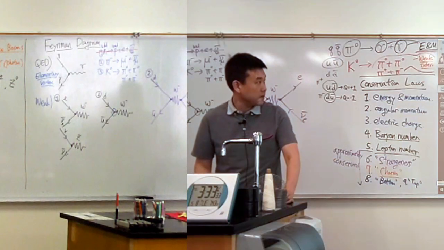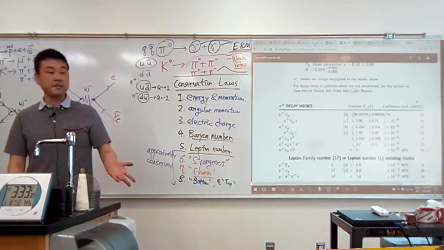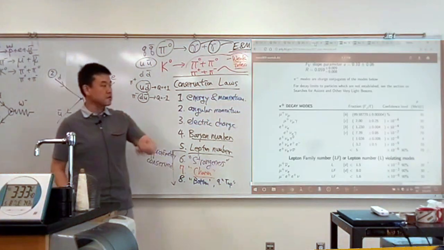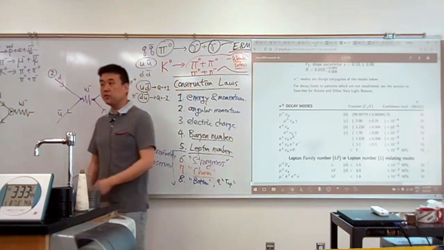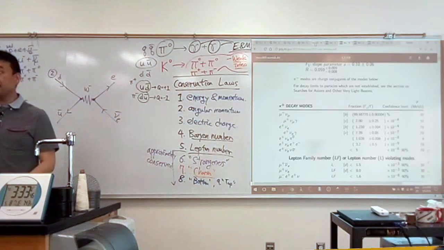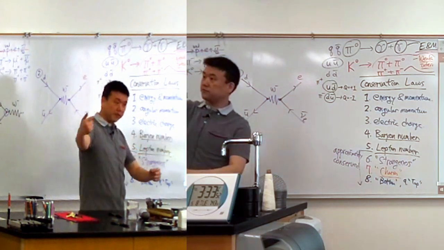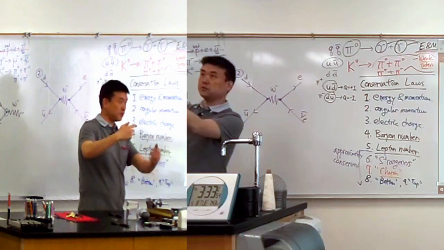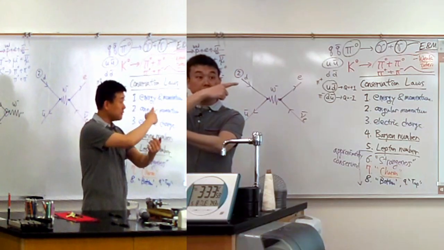What you see here is kind of a hint that parity is not conserved. One of the consequences of parity not being conserved is that neutrinos come in only one particular handedness. I think all the neutrinos are left-handed, meaning if they're traveling in some direction, then their spin is always anti-oriented with their direction of travel.